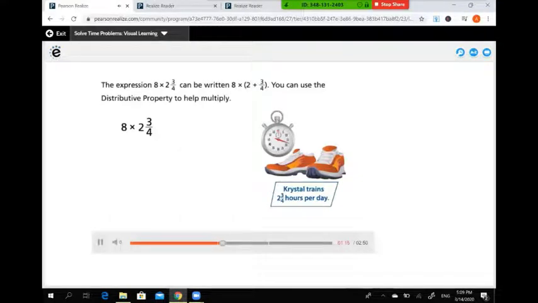The expression 8 times 2 3/4 can be written 8 times, open parenthesis, 2 plus 3/4, close parenthesis. You can use the distributive property to help multiply. So this is the distributive property: 8 times 2 plus 8 times 3/4. Then you will find the partial products for each one, then you add the answers.